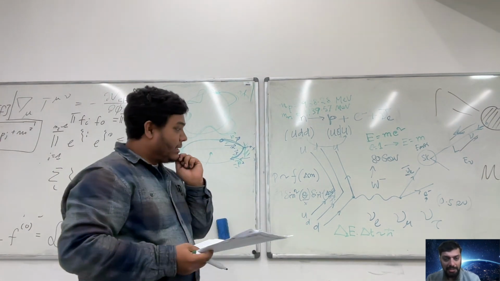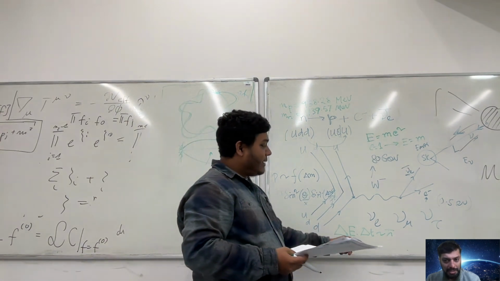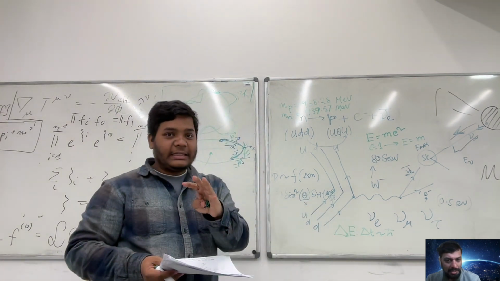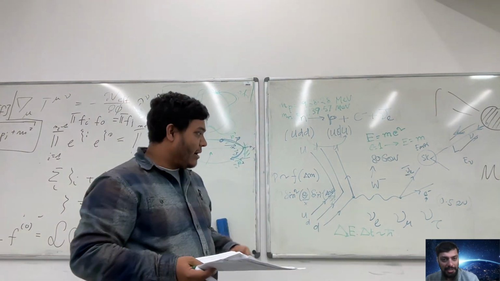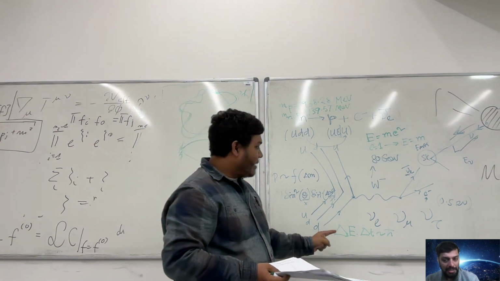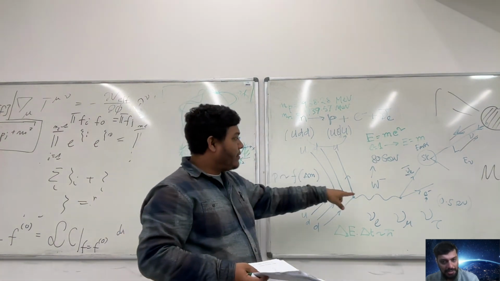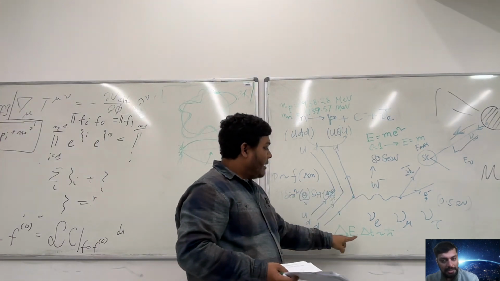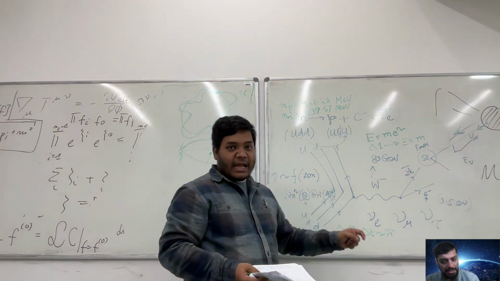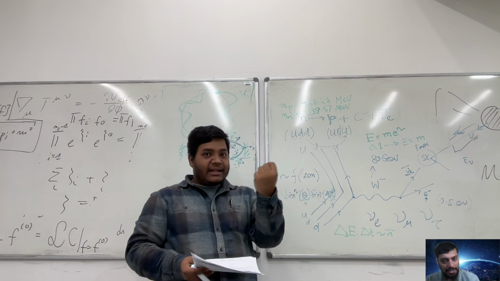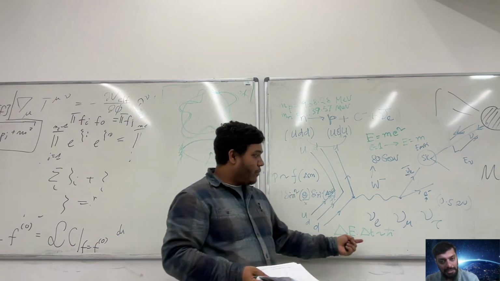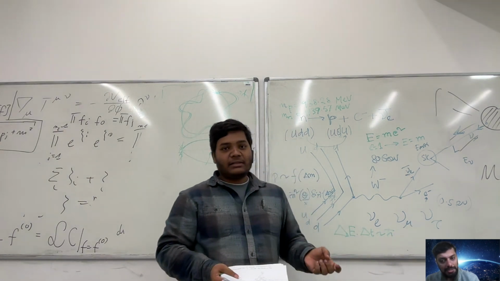The answer comes from here, in a very naive way. It's not really the deep one, but if I try to understand it naively, whatever energy you take in, the energy difference multiplied by the amount of time taken to get that energy will be of the order of 10 to the power minus 34.